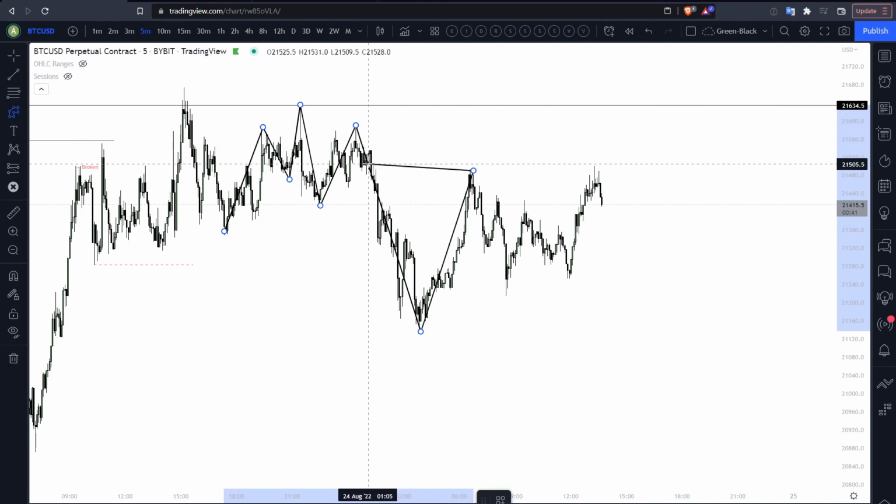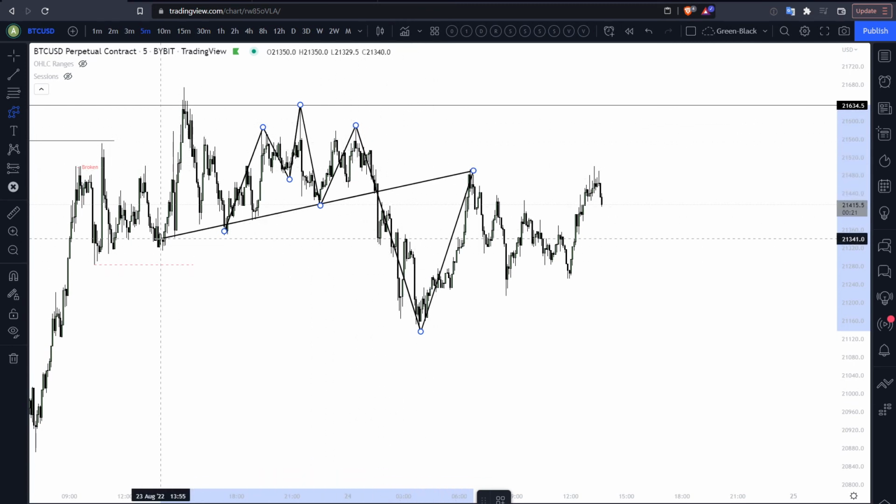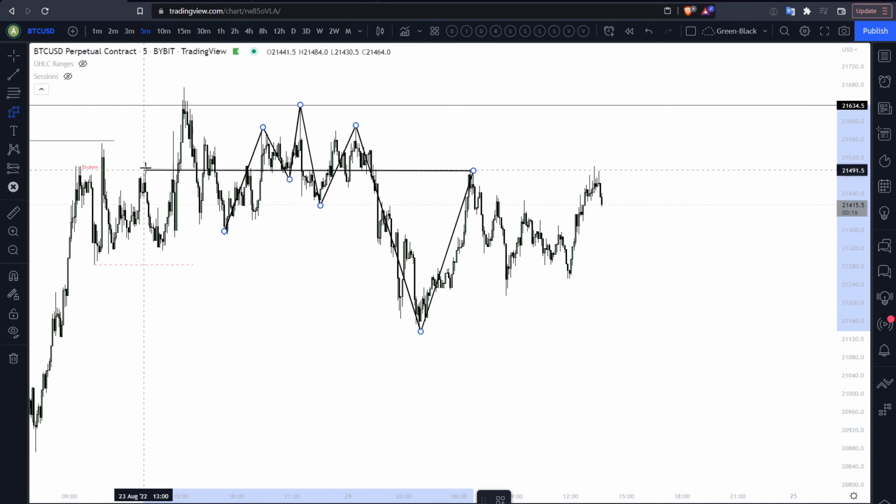Also looking for fair value gaps here or unmitigated order blocks on a lower time frame. So this was the correct market structure shift for which I should have been waiting and entering trades here. But apparently I was impatient to enter a trade and I became liquidity for the sharks.